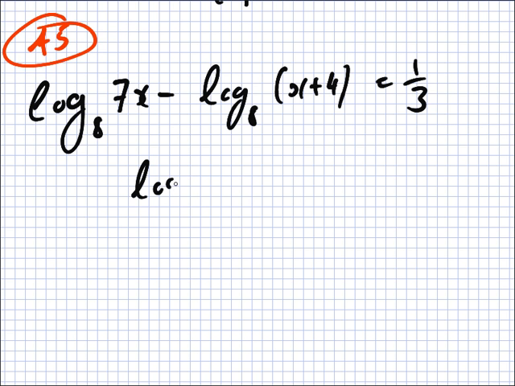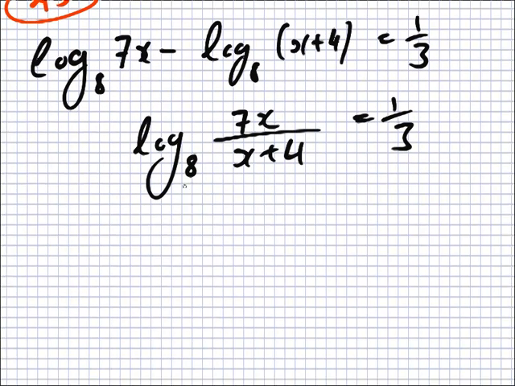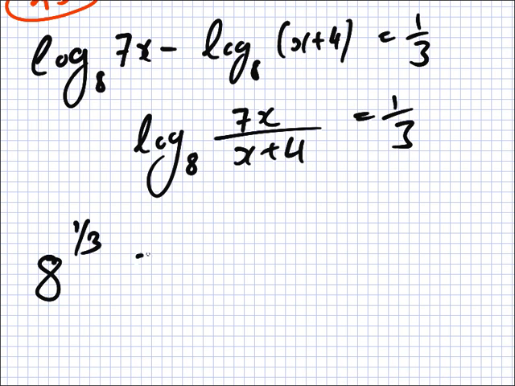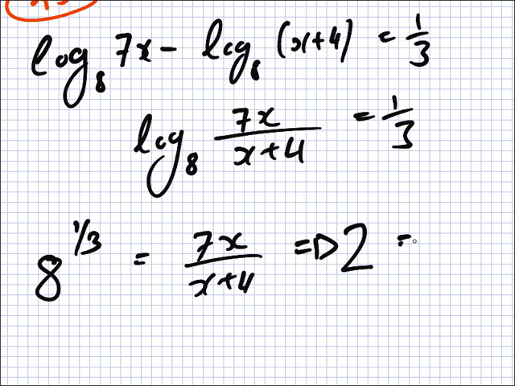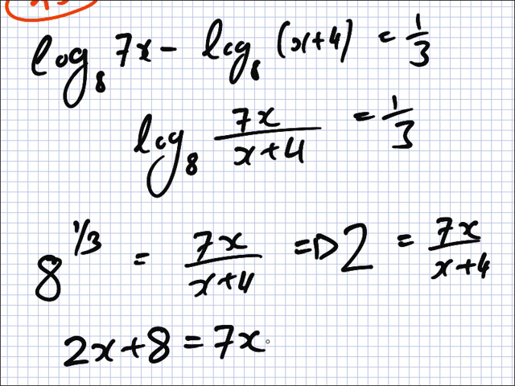Using the second rule of logs, that becomes log base 8 of 7x over x plus 4 equals a third. Then using the definition of logs, 8 to the power of 1/3 equals 7x over x plus 4. That means 2 equals 7x over x plus 4, as the cube root of 8 is 2. Cross multiplying, I get 2x plus 8 equals 7x. So that means 8 will equal 5x, isn't it? So x equals 8 over 5.